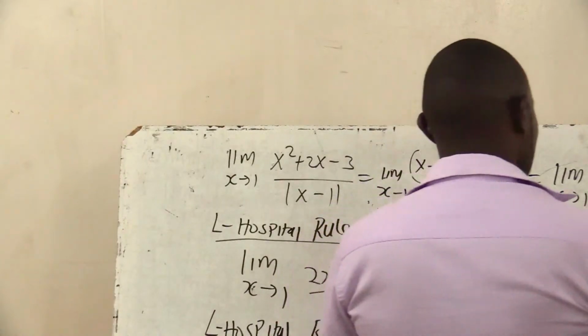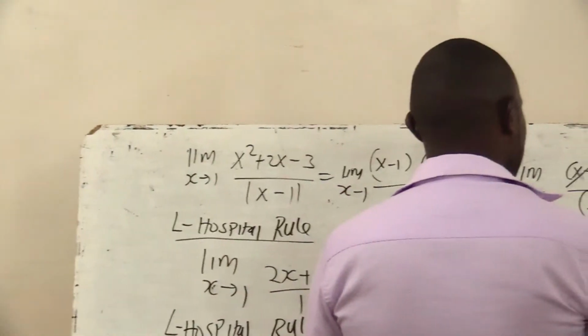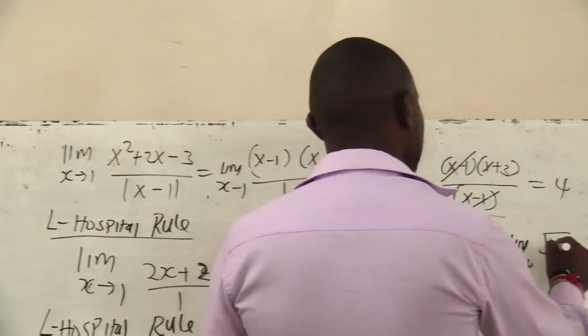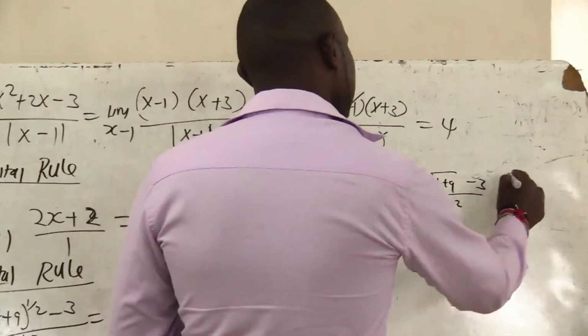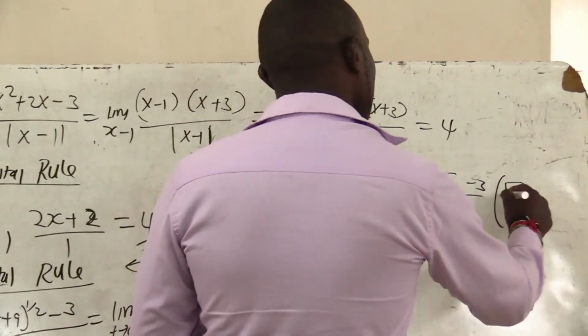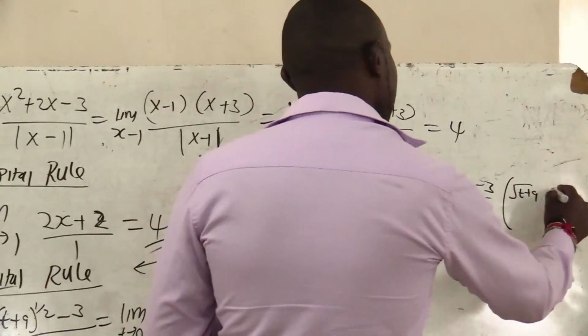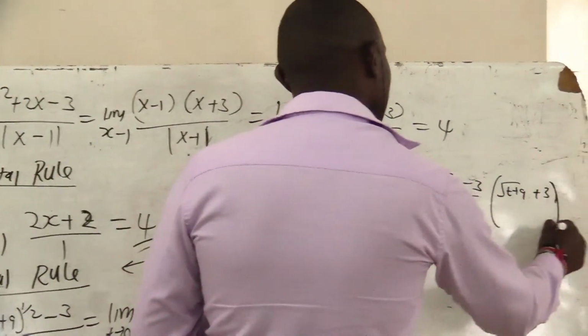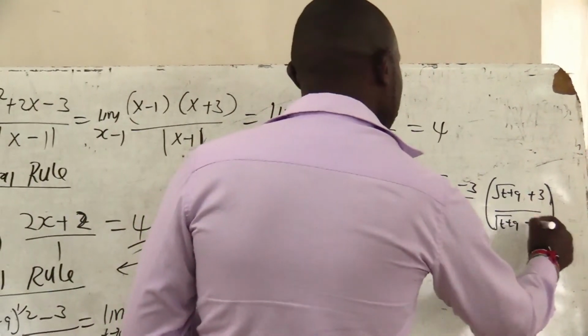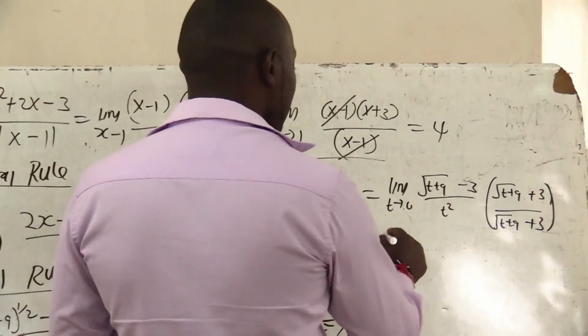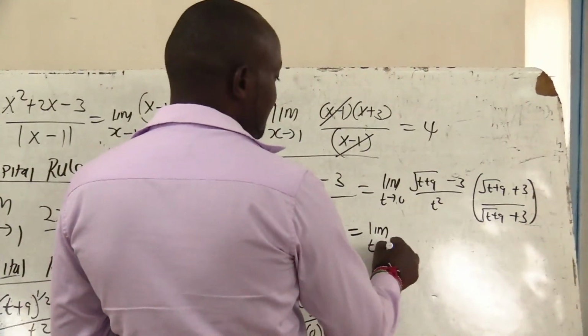So in this case, it will be the limit as t approaches 0 of root (t+9) minus 3 all over t squared. But now I multiply with the conjugate, and the conjugate is root (t+9) plus 3, all over root (t+9) plus 3. So I'll have the limit as t approaches 0.